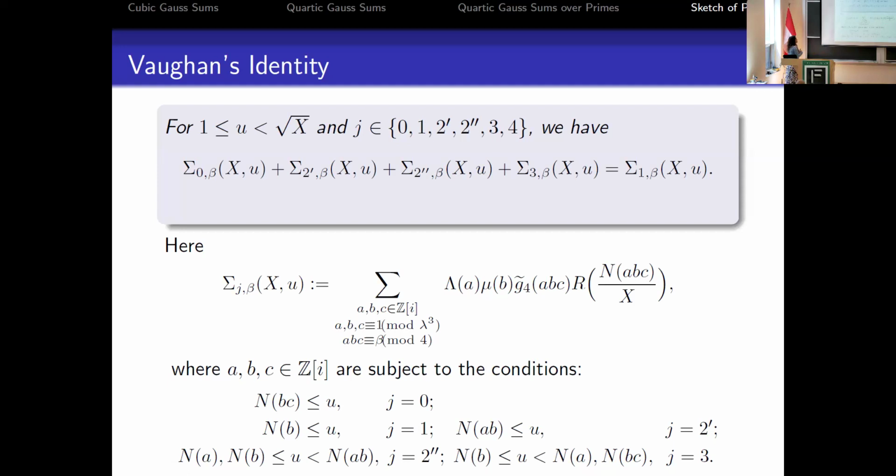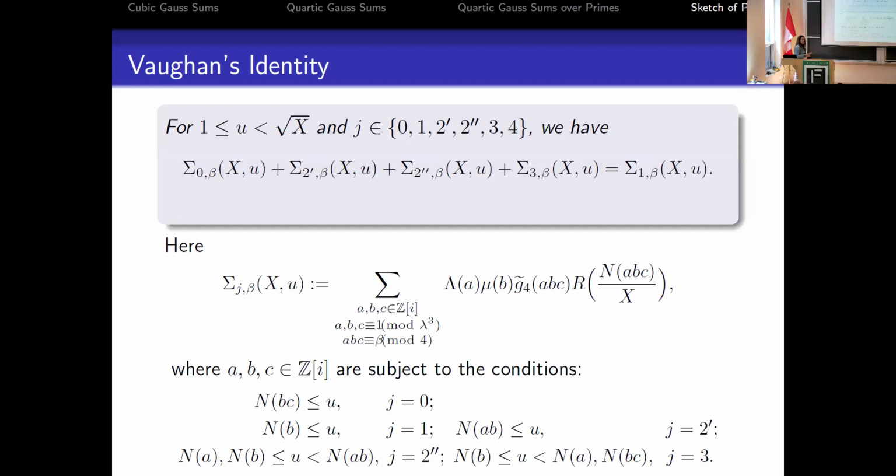That's what we're summing over. So what do I mean by sigma 1? For example, sigma 0 would be this sum with A, B, and C restricted to the further condition that the norm of BC is less than mu. And similarly for j equals 1, sigma 1. Basically, we have this extra condition, and the same for sigma 2 prime, sigma 2 double prime, and sigma 3.